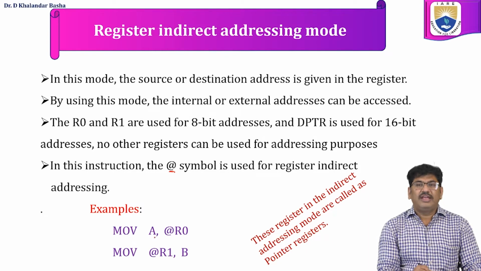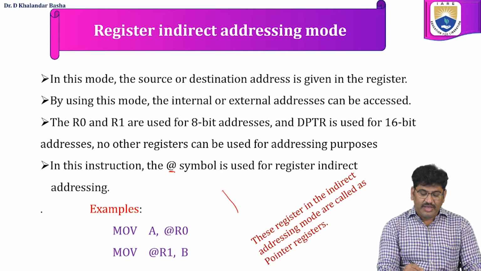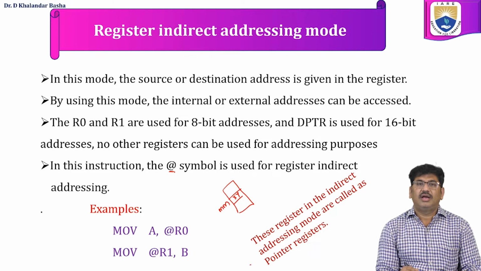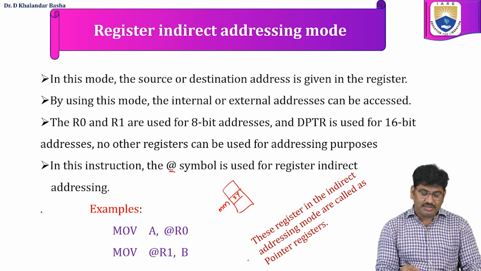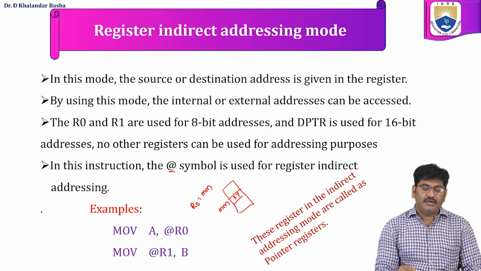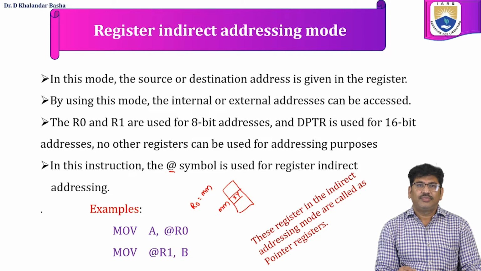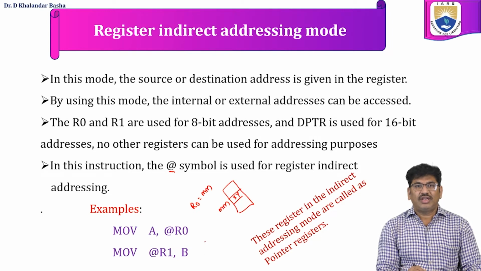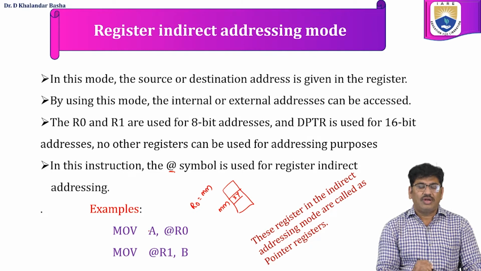Examples: MOV A, @R0. This signifies the data is present in a memory location. Assume MM is the memory address, and the register R0 contains the memory address. After executing the instruction, the contents of the memory location whose address is specified in R0 will be copied into the accumulator.